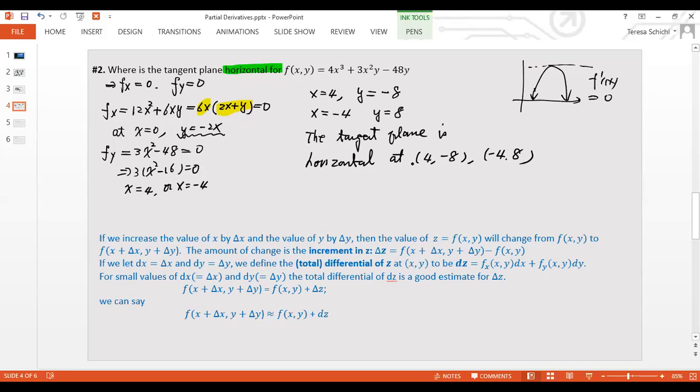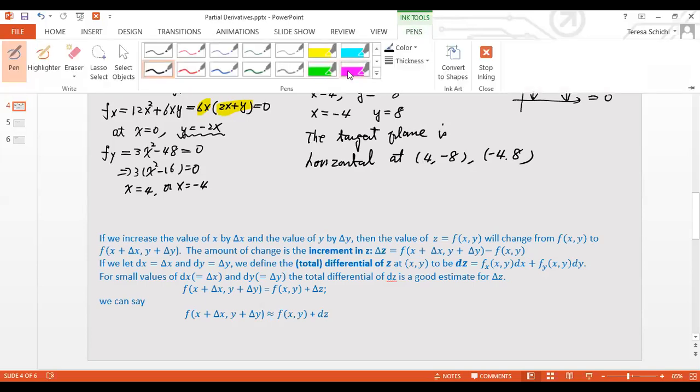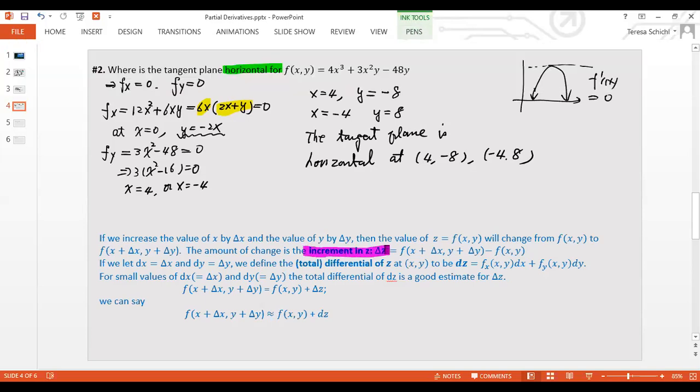Okay, so the next one here, just like we talked about before, the increment means the true difference, delta z. So the true difference delta z will be f of (x plus delta x, y plus delta y) minus f of (x, y), right? So we can use what?